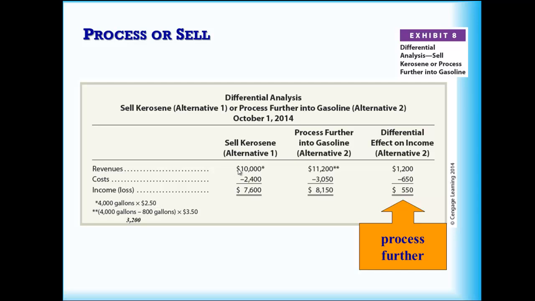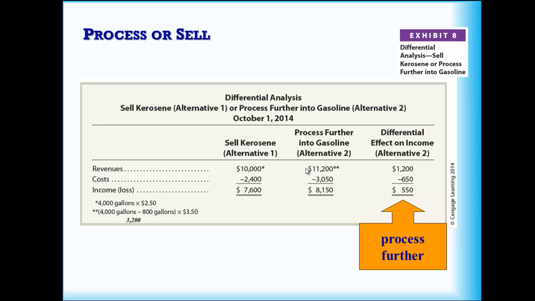If we sold this as gasoline, we would only have 3,200 gallons, right? Because remember, we had 4,000 gallons, 800 was lost to evaporation, which leaves us with 3,200 gallons times $3.50. That gives us the 11,200.